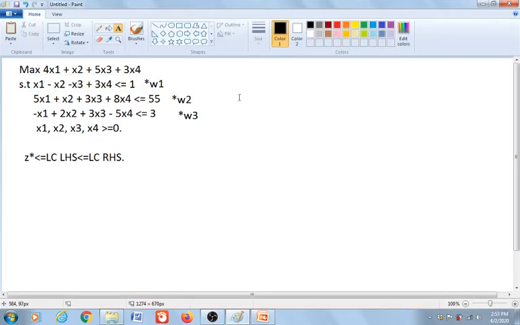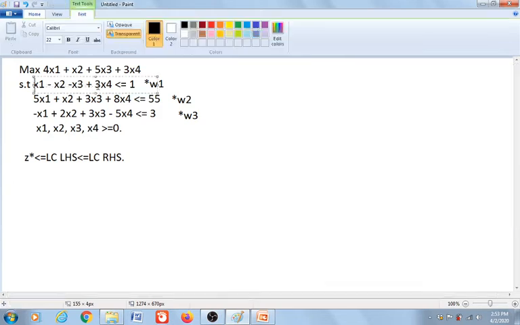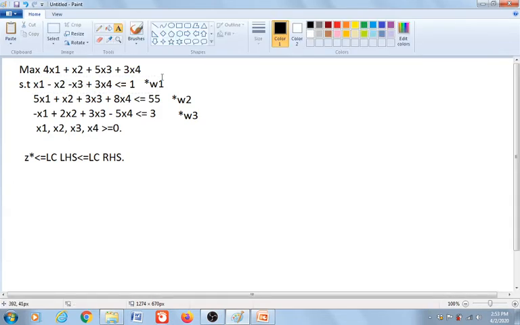Okay, that's fine. So it says that the linear combination of the left hand side must be less than or equal to the linear combination of the right hand side. See here in our statement, the left hand side is less than the right hand side, so it is following the weak duality theorem.